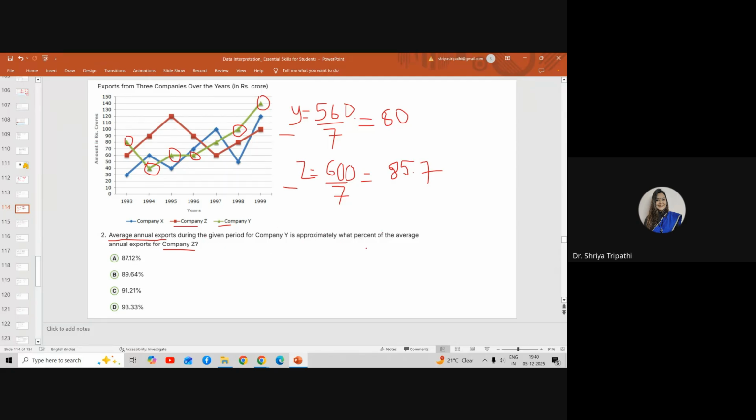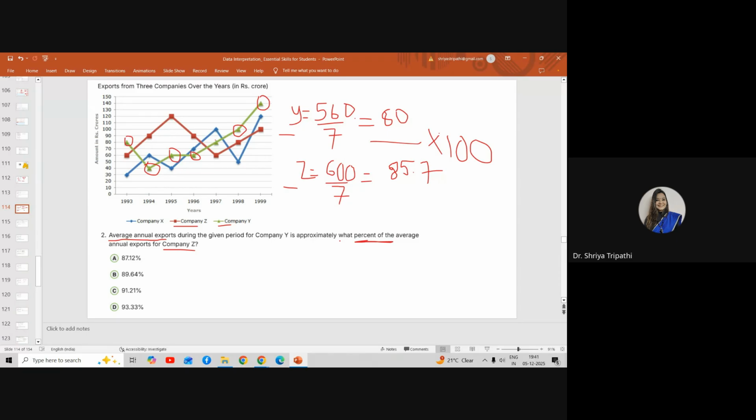Now we have to find what percentage of the average annual export. Now, 80 divided by 85.7 into 100. Do it quick. And that will be your answer. First we calculated the average annual export for Z separately and for Y and Z, and then we have to find Y to Z percentage.